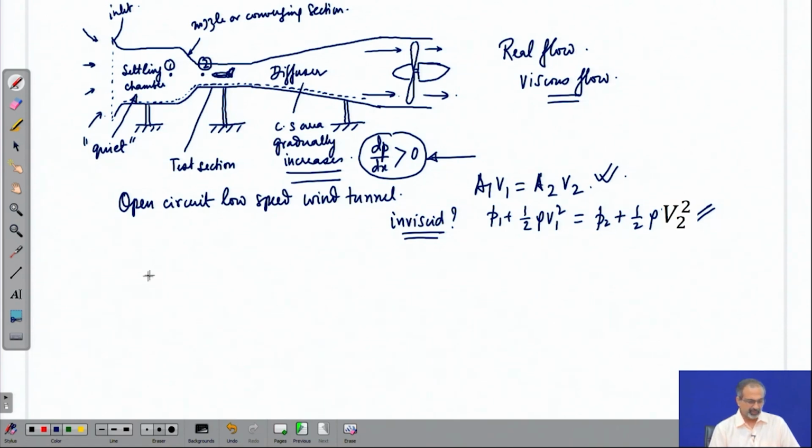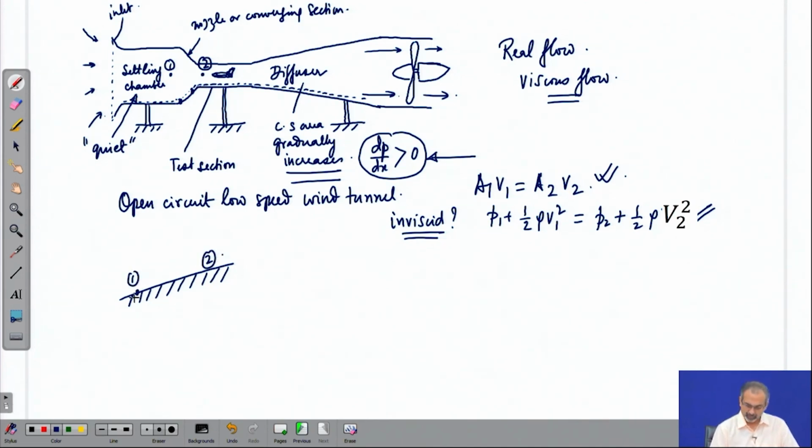So, let us say we are taking 2 points on the surface of the wind tunnel. Let us say the 2 points are located here, and we are calling these 2 points 1 and 2.